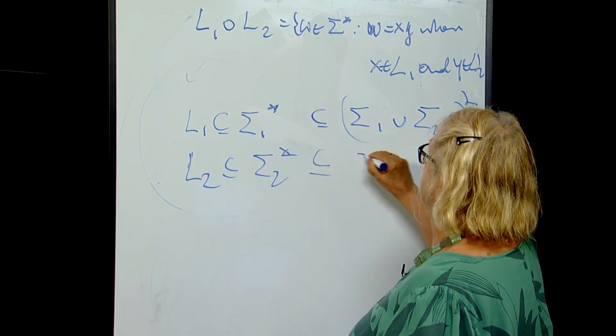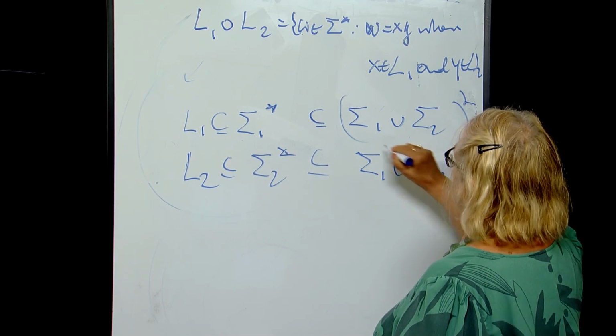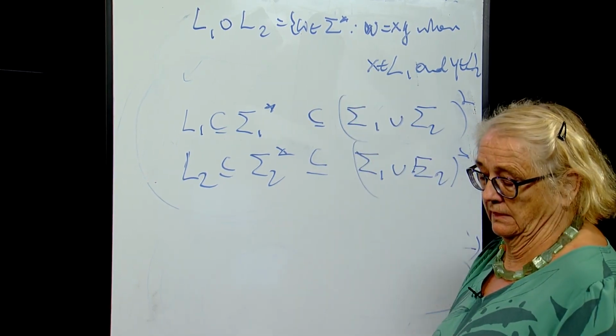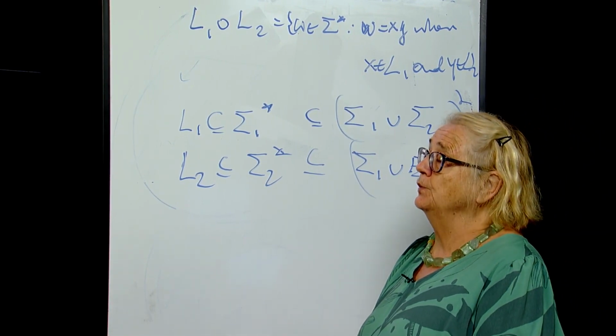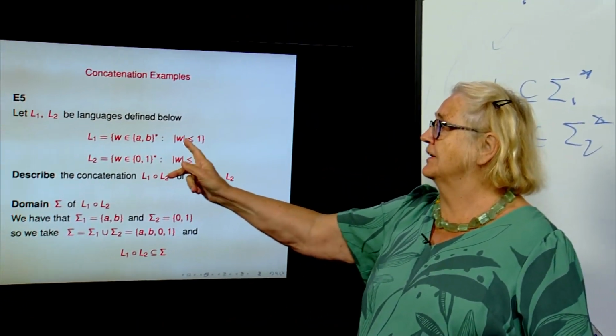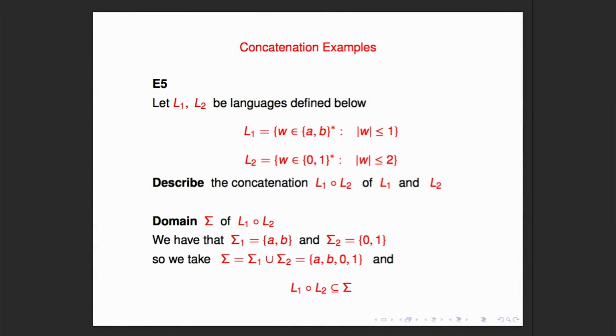And so you can always assume that the languages are under the same alphabet. So that's why you write sigma here. So for example, let's say the languages are A, B such that length of W is less than or equal to 1, and this is less than or equal to 2, and I want to find the concatenation, so the domain would be the alphabet A, B, 0, 1.